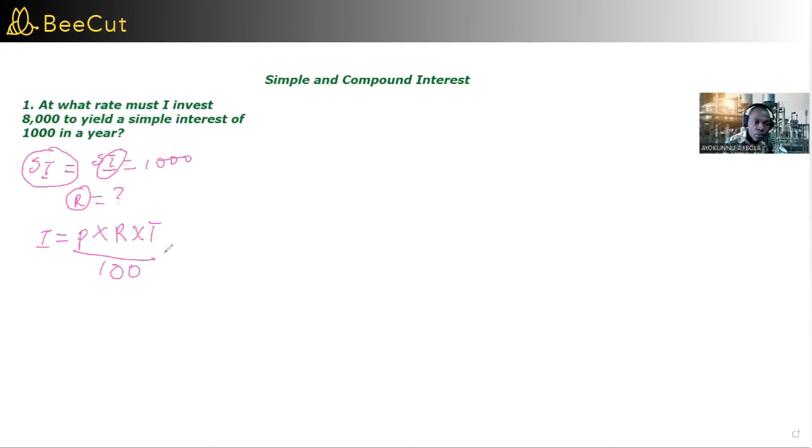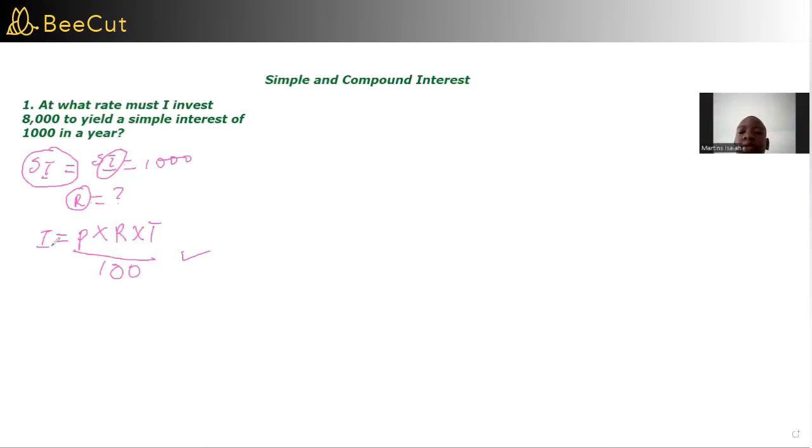Yes, sir. So if that is PRT over 100, then what are we looking for? This is the formula. So what are we looking for? Are we looking for interest?